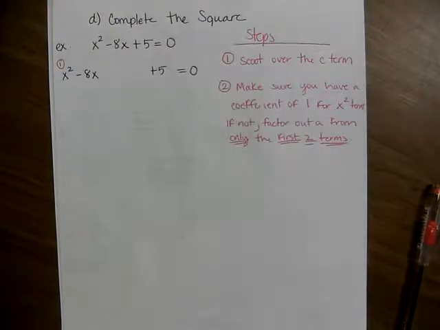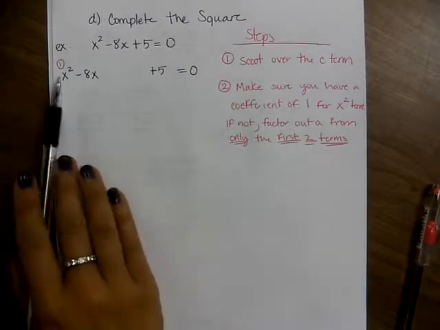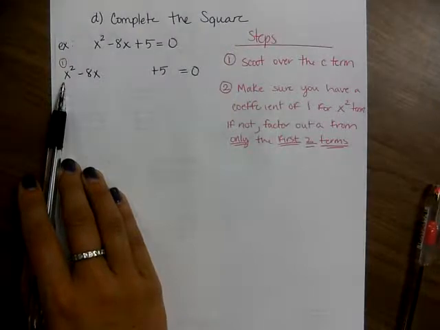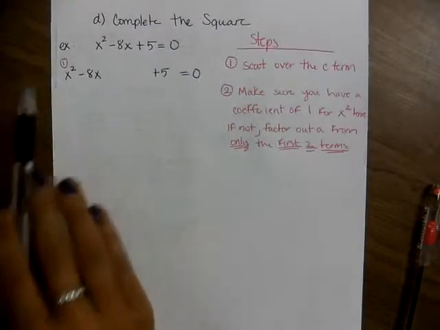Okay, so right now, if we look at our x squared term, we have a coefficient of 1, so we don't have to worry about this step, okay? So this is really step 2 as well, but it's done for us. There's nothing to do here, so we're ready to move on to step 3.